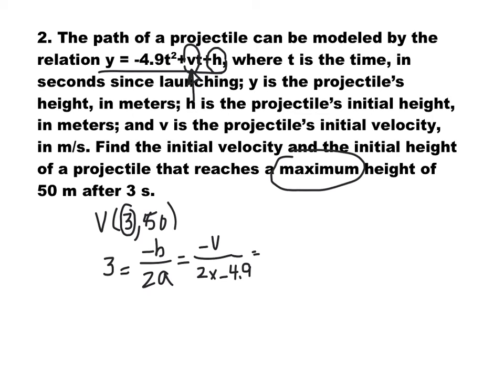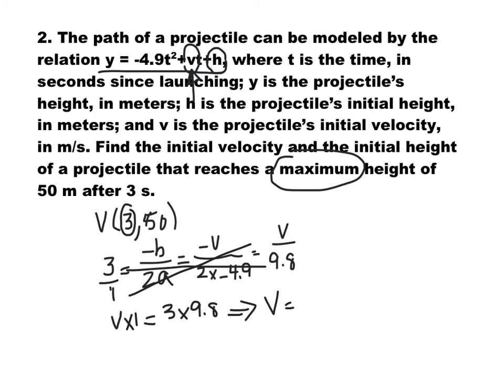Now, negative over negative gives me positive, so this is v over 2 times 4.9, which gives me 9.8. Now, 3 here is the same as 3 over 1, so I can cross multiply. This gives us v times 1 is the same as 3 times 9.8. Now v times 1 is the same as v, so I get v is 3 times 9.8, which gives me 29.4.